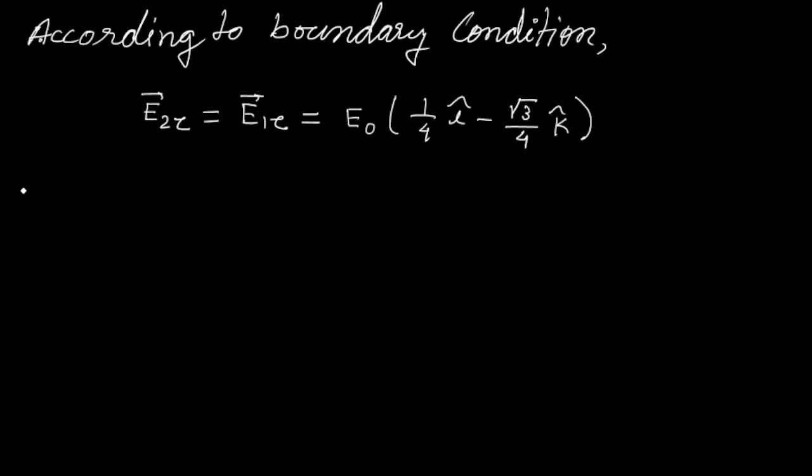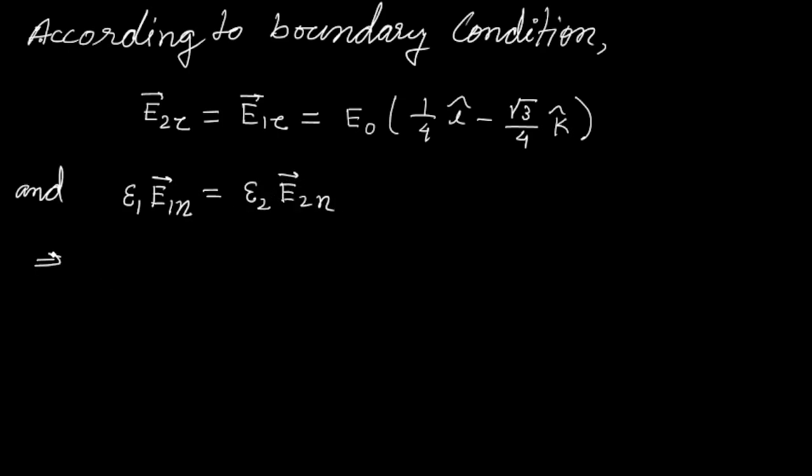According to the first boundary condition, epsilon 1 E1n is equal to epsilon 2 E2n.